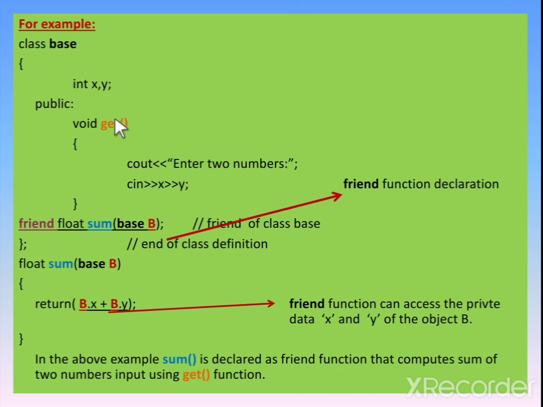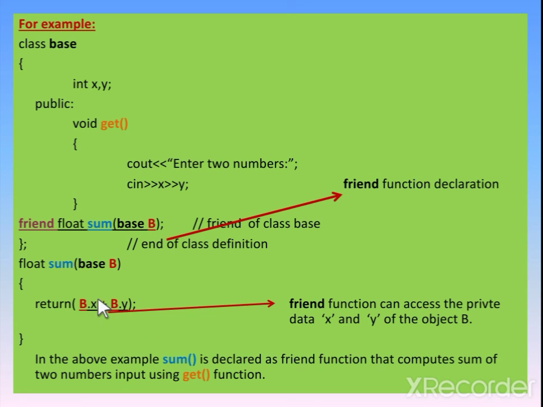So I can write the return statement with the sum expression, b dot x plus b dot y. In case x value is 5 and y value is 10, then x plus y is 5 plus 10, which means 15 will be stored. That value is returned to the calling function. Two values are added and returned.